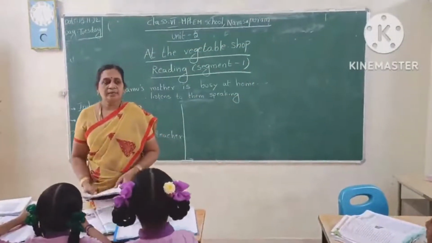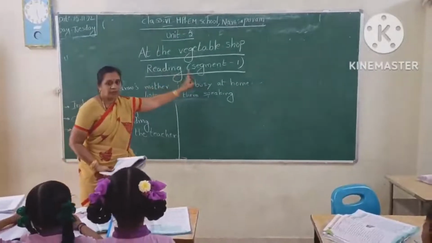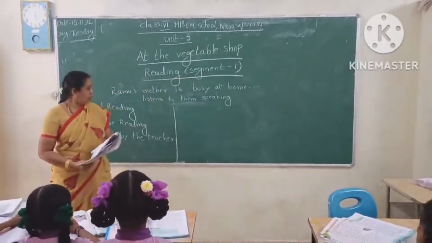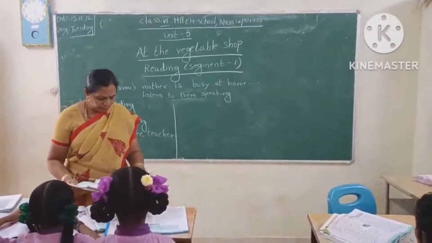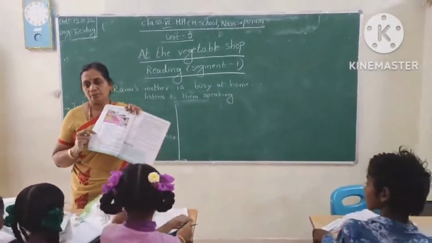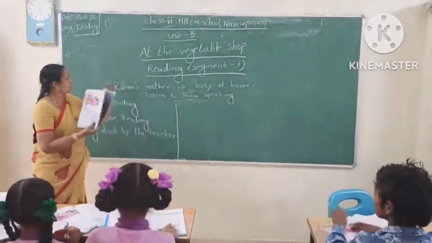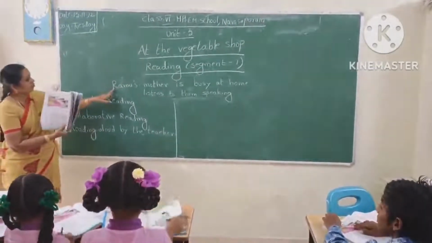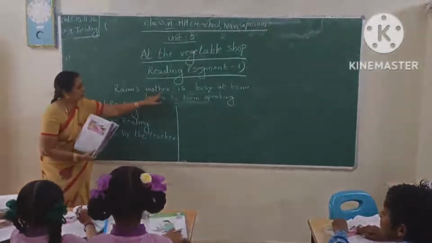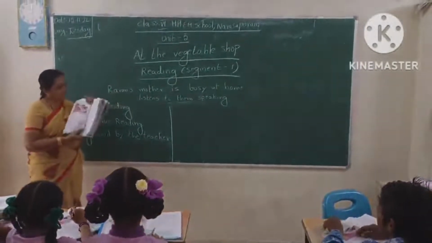Now let us see reading segment 1. Open your textbook page number 67, At the Vegetable Shop, and see the segment starting from Ramu's mother is busy at home to listens to them speaking.